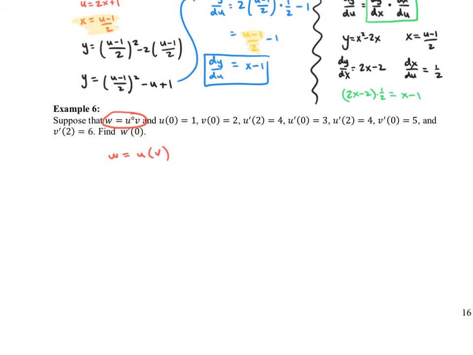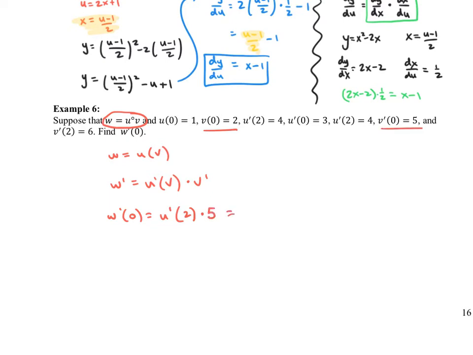We are looking for w prime of 0. So let's first do w prime. That's going to be u prime of v times v prime, and then we're going to analyze this at 0. So we have u prime of v of 0, which we're told in the problem is 2. And we have v prime of 0, which we're told in the problem is 5.